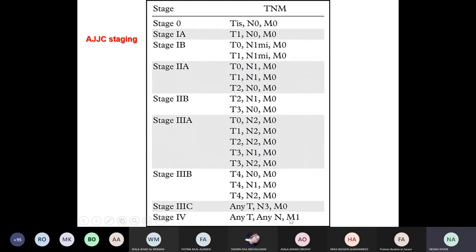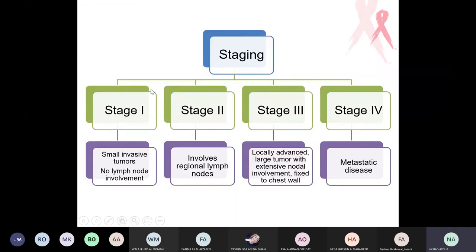Now generally speaking, I don't want you to memorize these things, but generally speaking, when I talk about stage 1 breast cancer, it means an invasive carcinoma. It's not in situ. Stage 1, 2, 3, and 4 are all invasive carcinoma.